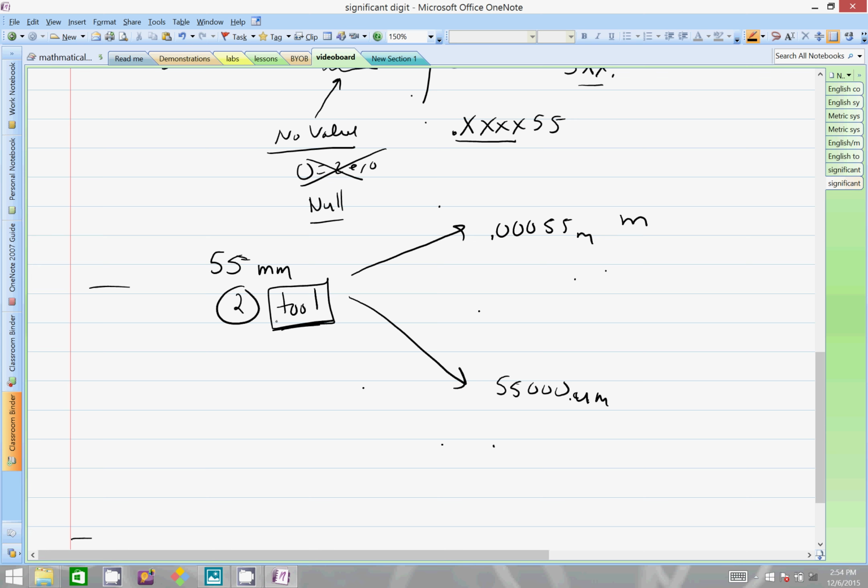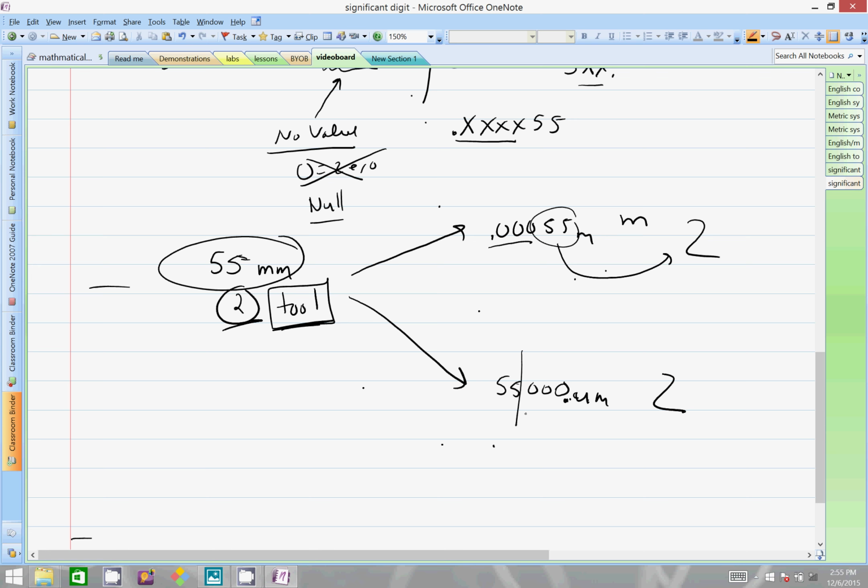So in this case, I have not changed my tool, and therefore my accuracy should not change. And by our rules, how many sig figs are here? 2. So I should still have 2 at these points. And do I, by these rules we've just discussed? Yes. Leading zeros do not count. Therefore, these are the significant figures. Here, trailing zeros up to the decimal point would treat this like an estimate of 55,000 micrometers. Are these significant?